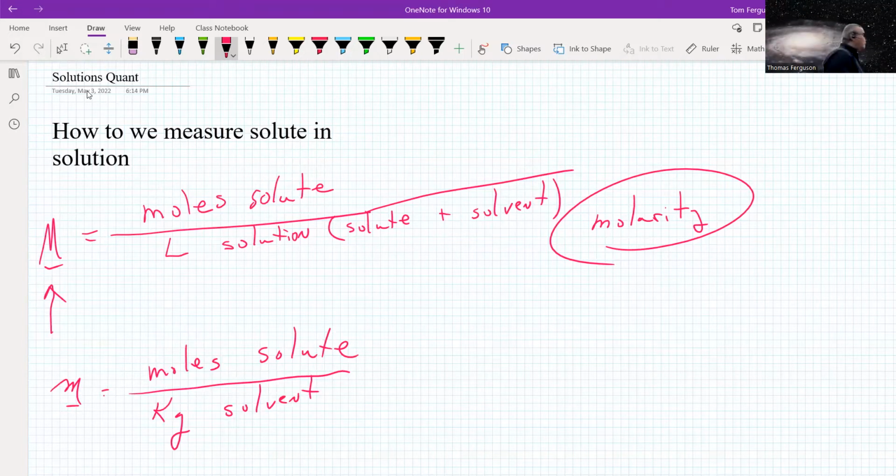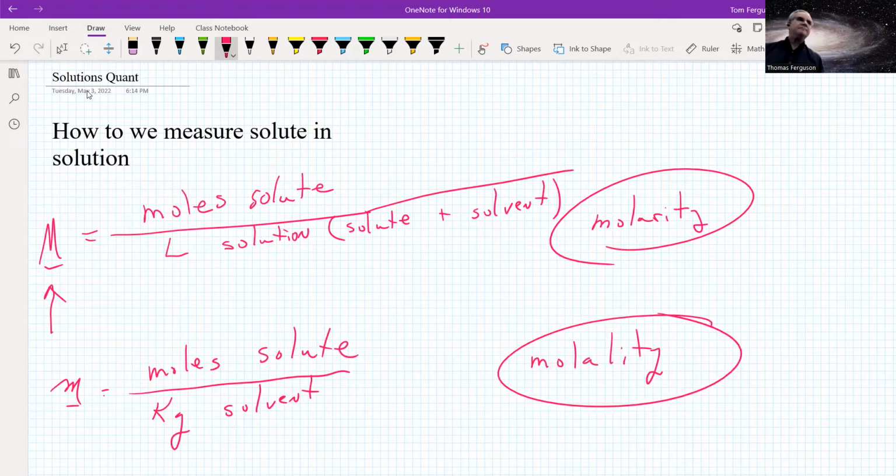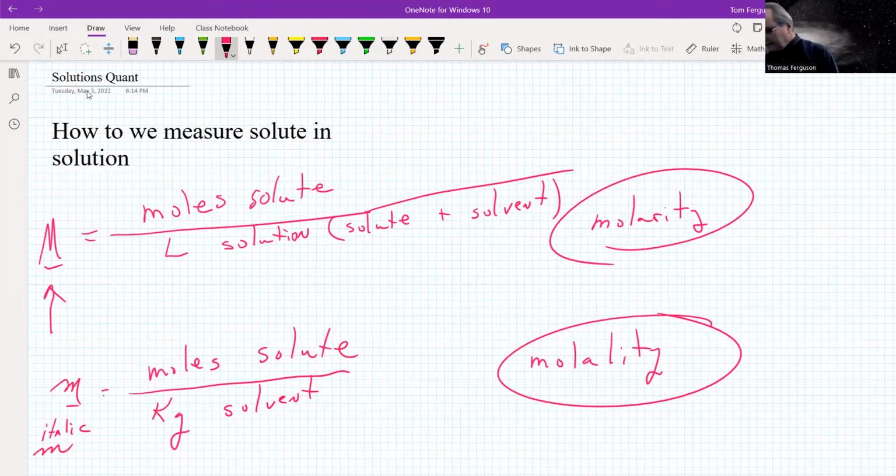There is another way of measuring the concentration quantitatively, and that is moles of solute over kilogram of solvent. That is used a lot in chemistry, and that is called molality, with an italic m.